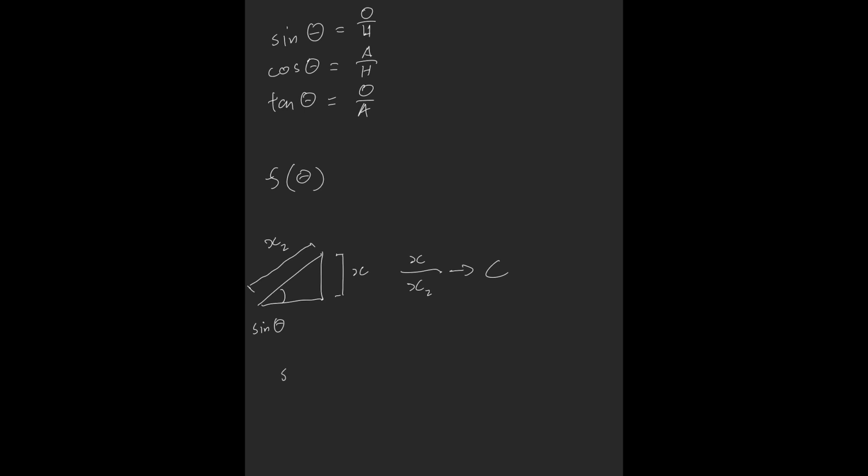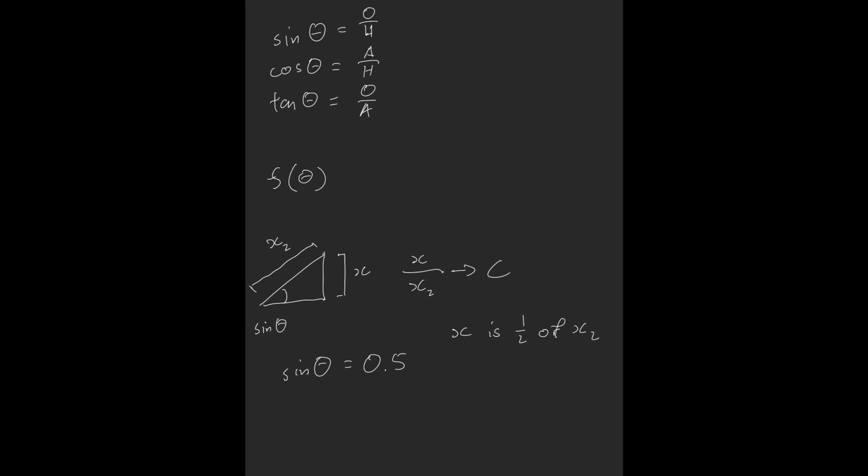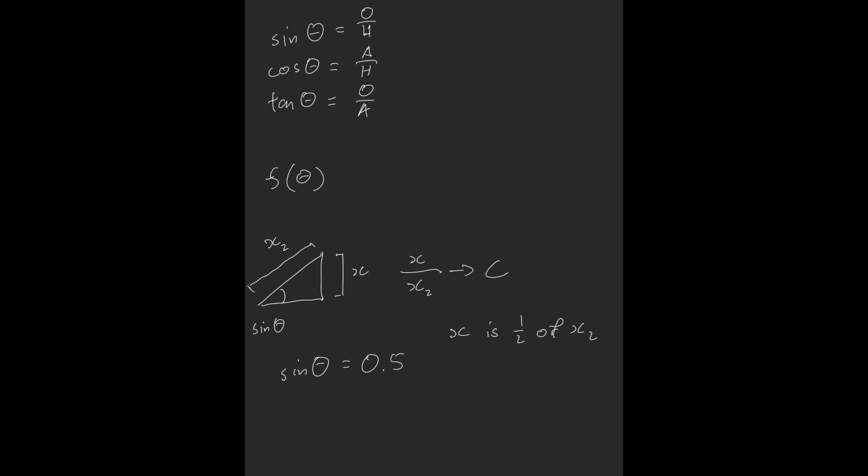So if sine theta is equal to 0.5, that means that x is half of x2. That's because when x is divided by x2, it yields 0.5. So that means it's basically just 1 over 2. So that's how we can say x is half the size of x2.